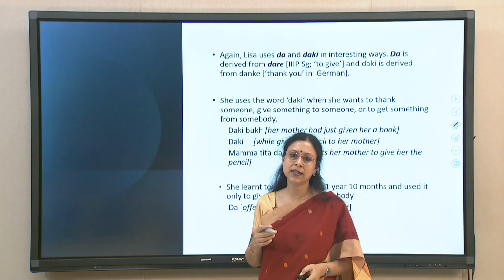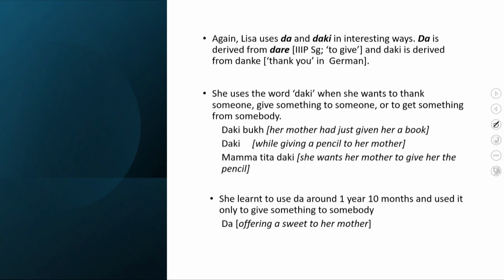Similarly, she uses da and daki in interesting ways. Da is derived from dare, which is to give, and daki from danke, which is thank you in German. And then she does her own thing. She uses these words in her own way, because they are somewhat similar, and she has her own concept embedded into them.